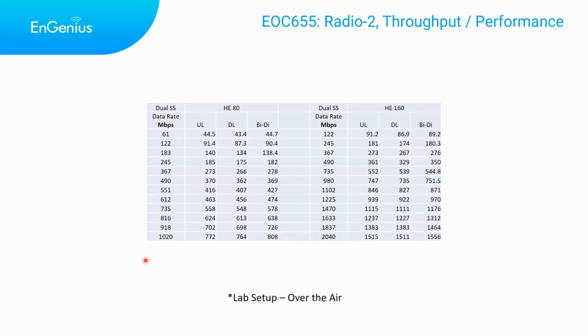Maximum data rate 1020 at 80 megahertz, they got about 800 Mbps on radio 2, and then a data rate of 2040 Mbps under radio 2, 160 megahertz, they got about 1556 Mbps as the actual throughput. This was run using the internal system NMS as well to get these data rates.